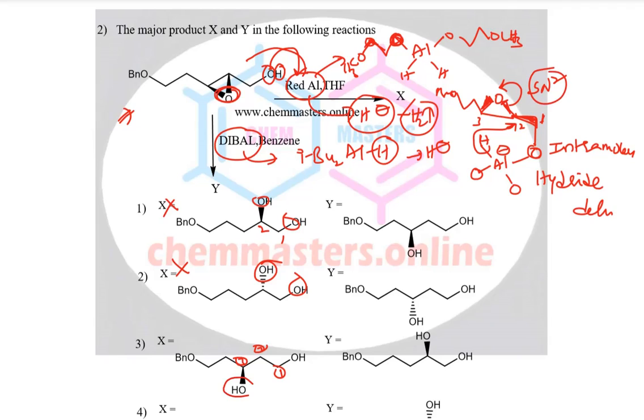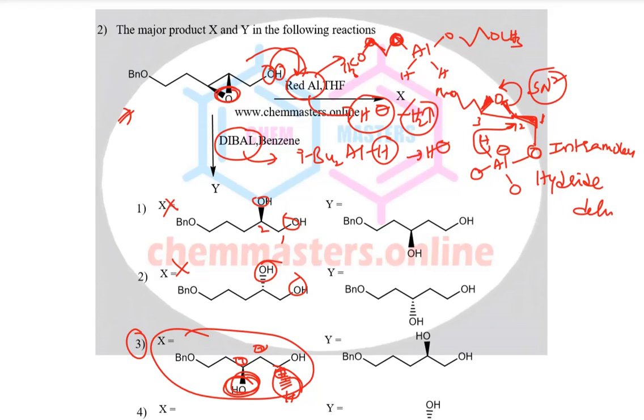So here the hydroxy group must be above the plane and here the hydrogen, that means the hydride which attacks, should be from the backside of the plane. So no need to show it. Okay, right. So on reduction, or on epoxide opening with red aluminum, it should give X, which is given in the third option. Now just check DIBAL.